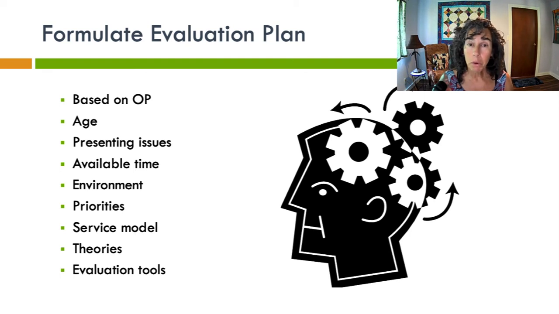The environment that we're working in, what priorities we have, the service model, different theories, and also what evaluation tools are available. So you can see some of these are pragmatic considerations, and some of them are developmental, and some are more overarching.